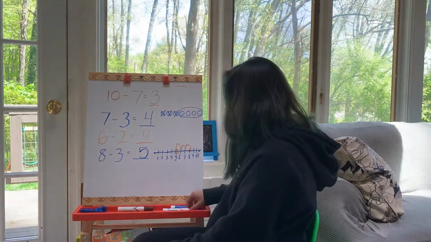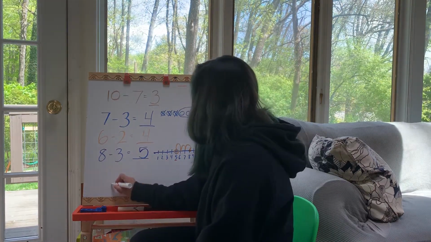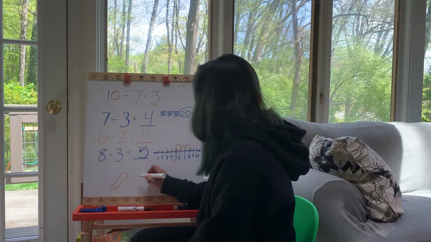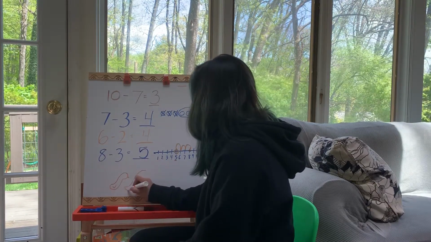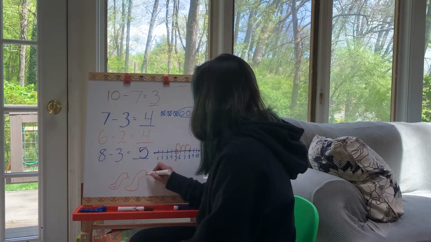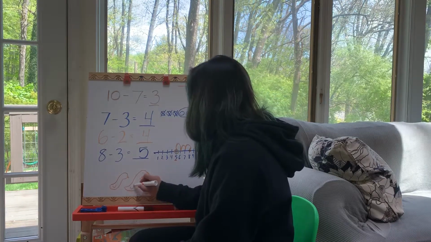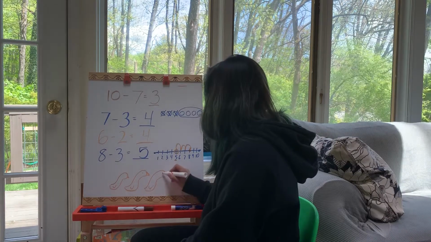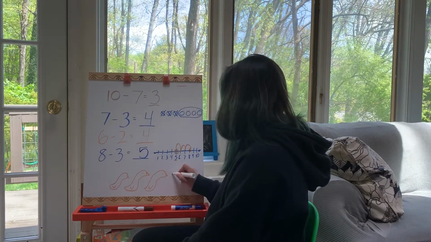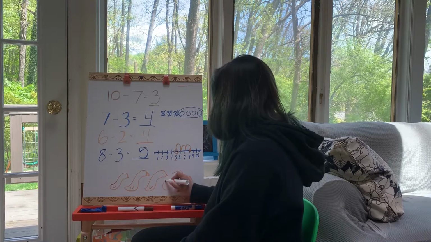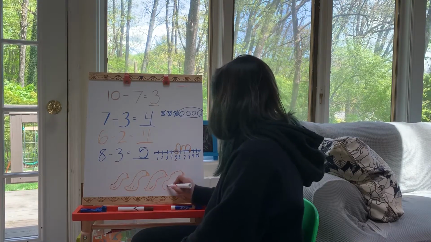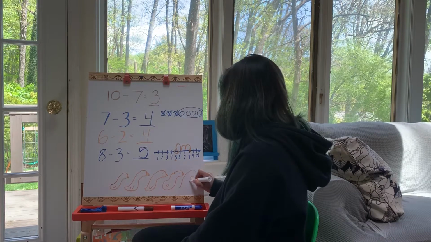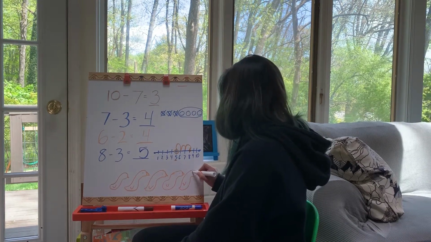So I'm going to picture that song in my head, and I'm going to have my 5 little ducks here. They're not going to be the greatest little ducks right now, but 2, 3, 4, and then 5.